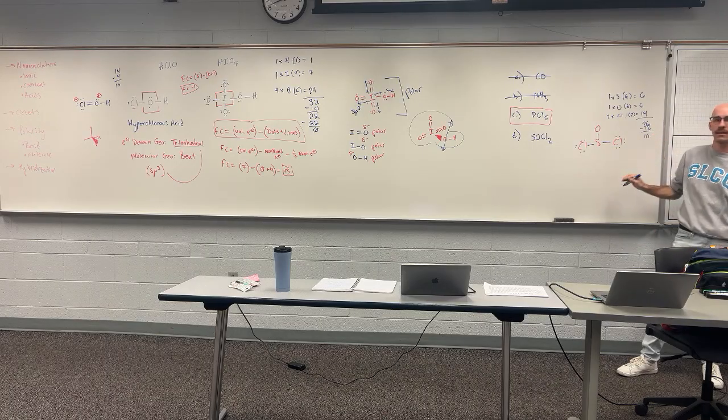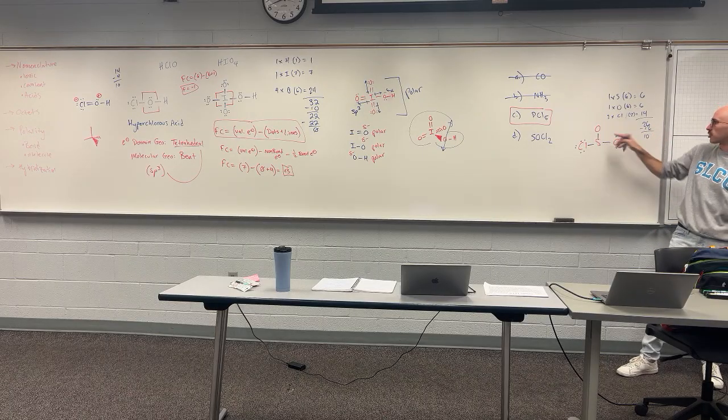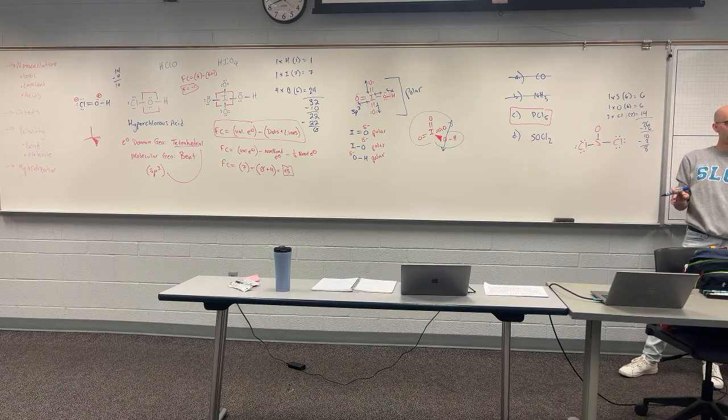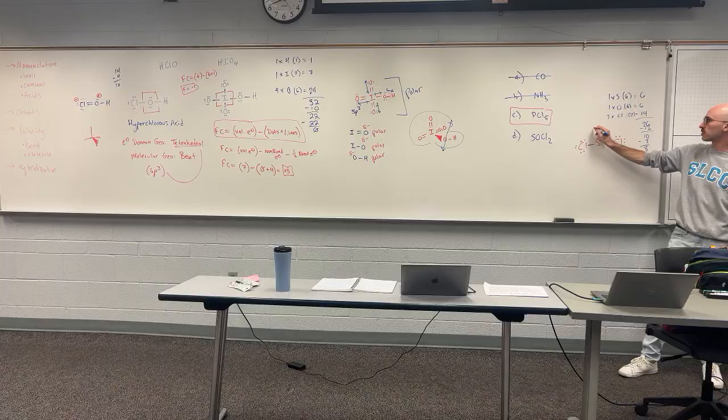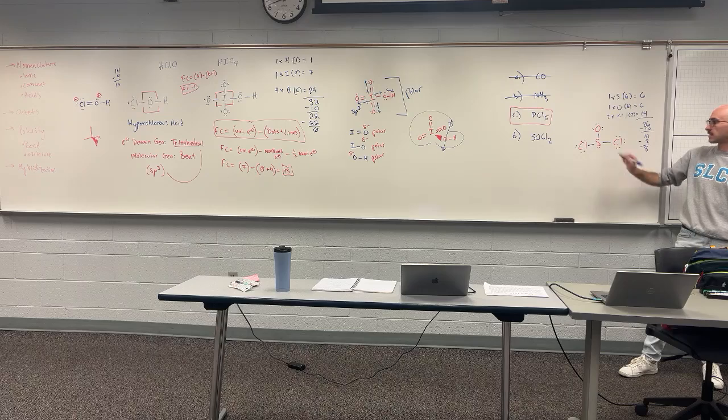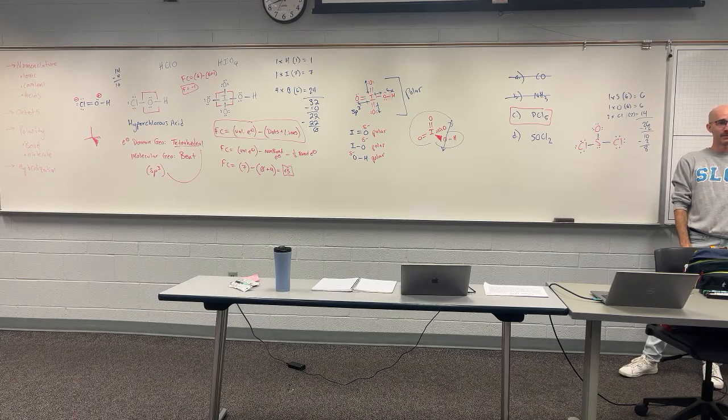That leaves me with 10. And I've used another 2 from this bond. So I've got 8 electrons left to put in. That's 2, 4, 6. Oxygen has an octet. 8. Sulfur has an octet. Every atom has an octet. I have not violated the octet rule.